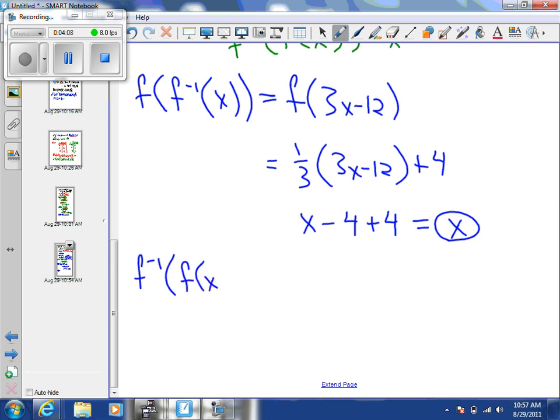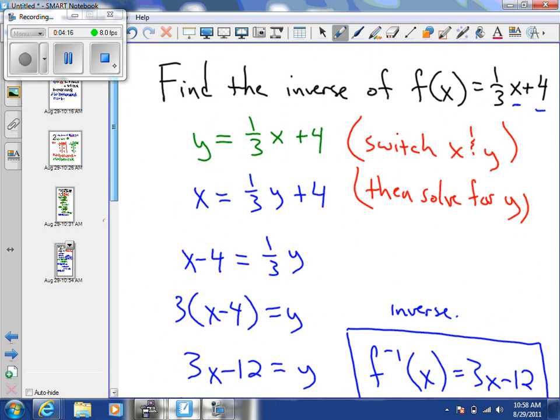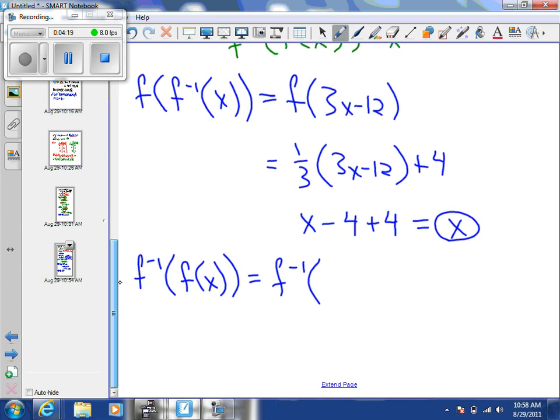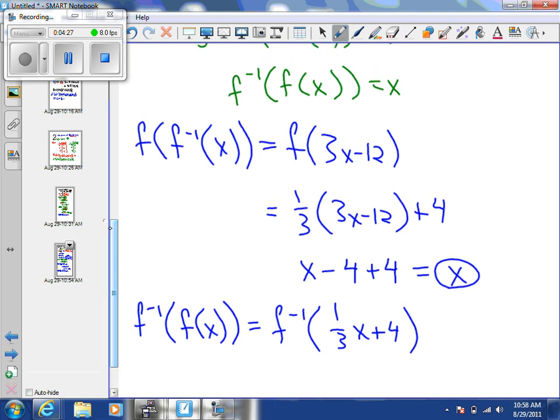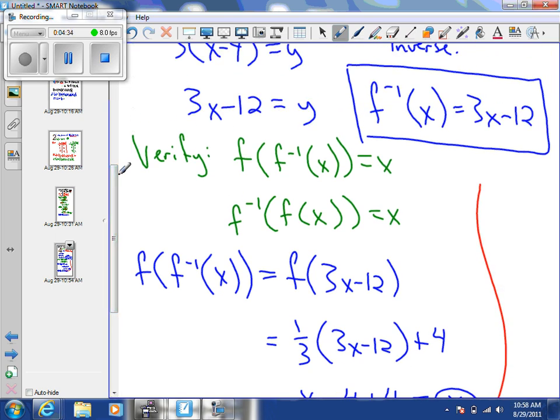So let's verify f inverse of f of x. This means f inverse of, what was f of x again? We look up here: 1/3 x plus 4. So this 1/3 x plus 4 is going to replace x in the inverse function.